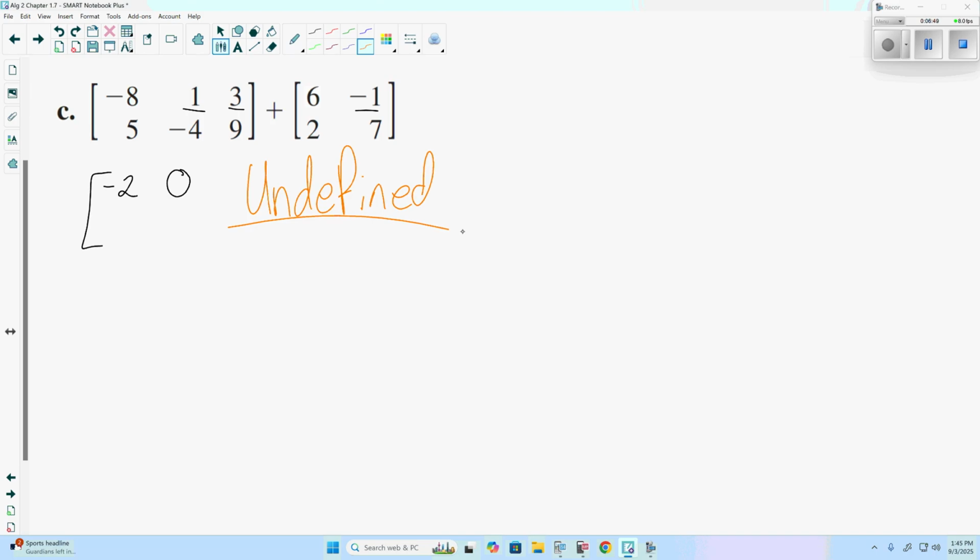We cannot do it, because there is nothing to add or subtract with that 3. We just say undefined. Because that 3 that we were trying to add something to, there's nothing to add to it. If we put a 0 or try to put something in that second matrix, we are changing the matrix itself. We're adding elements to it. Not the same thing.